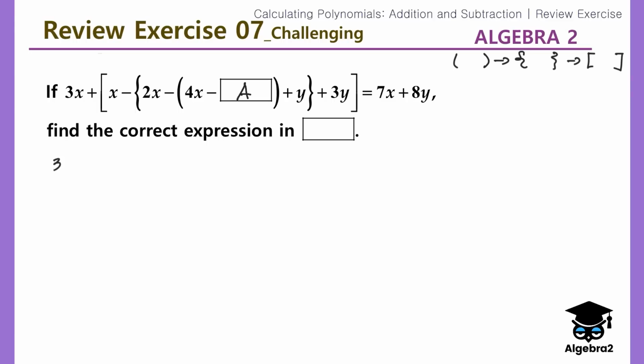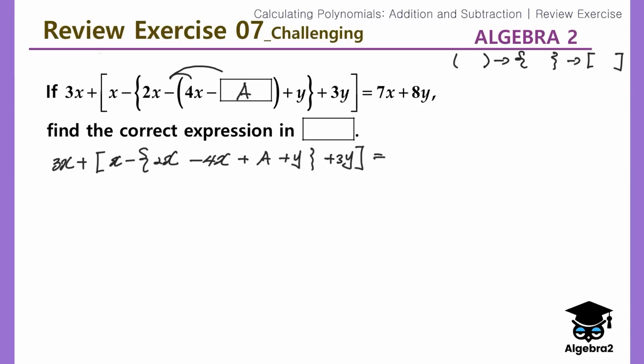We have 3x plus x minus 2x minus 4x plus a, right? Negative times negative gives us positive. And we have a plus y plus 3y. And all of this expression is equal to 7x plus 8y.